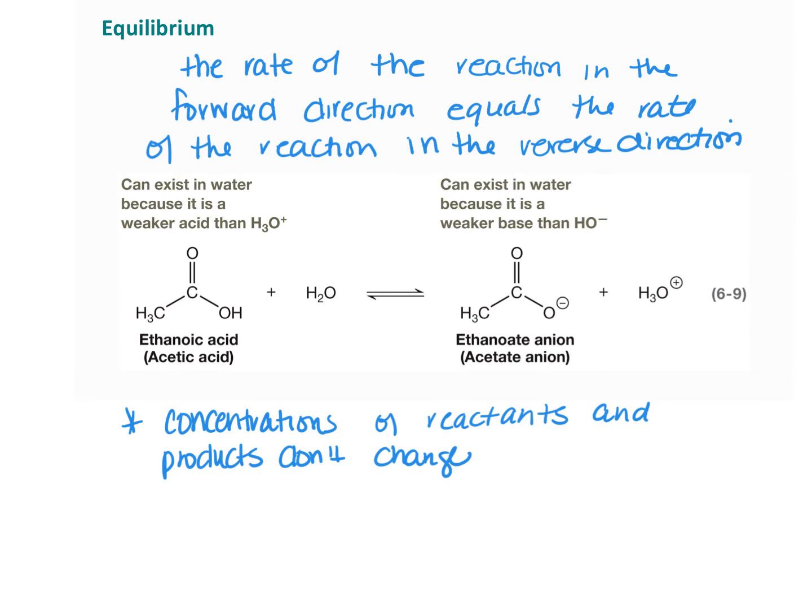Now, when an acid and its conjugate base are in equilibrium with each other, their relative concentrations can be controlled by a change in concentration of any of the reactants or products because of Le Chatelier's principle.